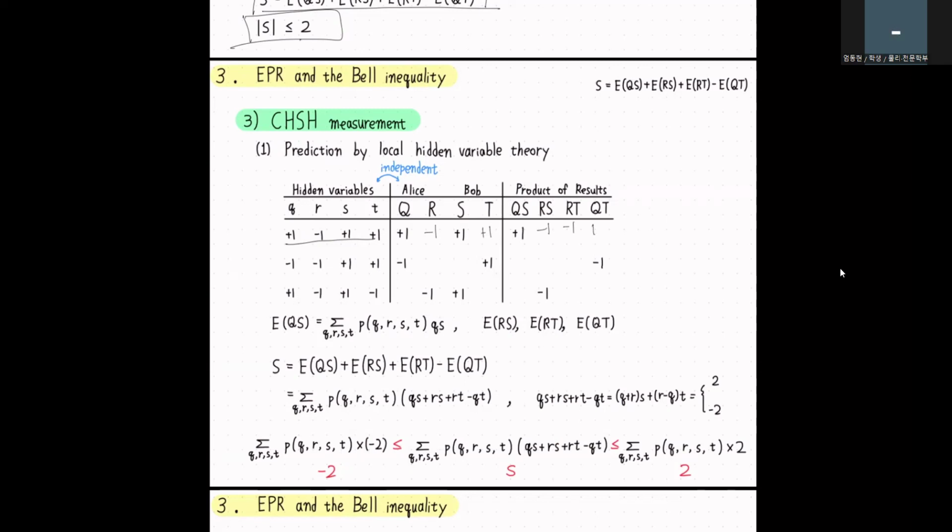So R would be minus 1, S plus 1, Q plus 1, T minus 1, and we can multiply these products to get these results right here.